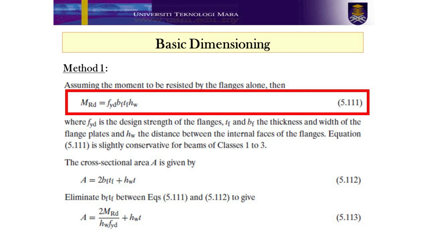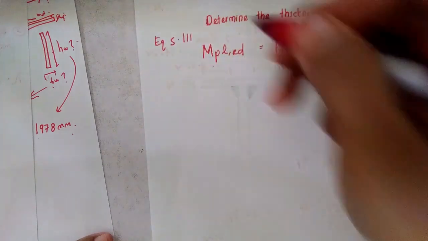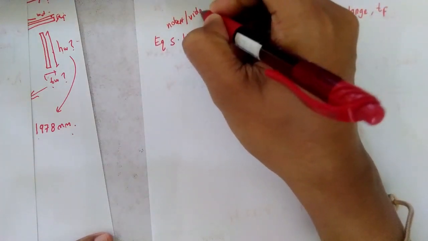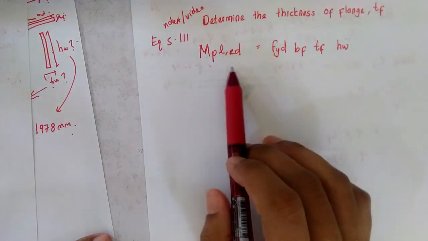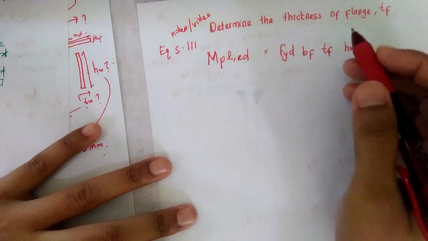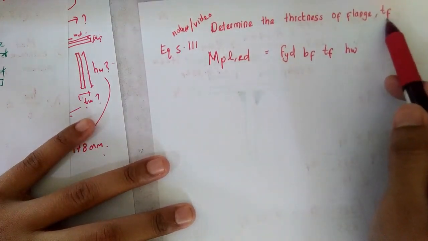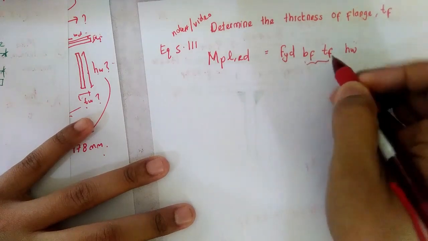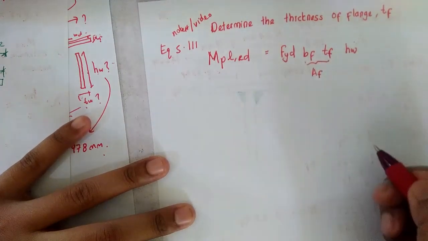You can get this from the notes or video lecture. You rearrange the equation, because now we want to know the thickness of the flange. Here BF times TF represents our area of flange.